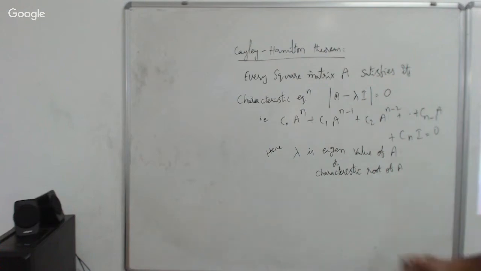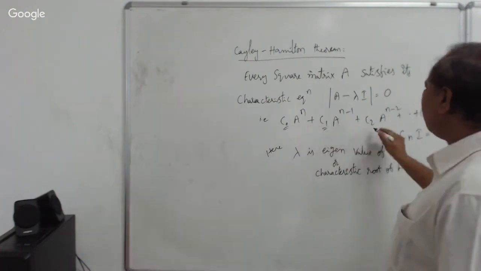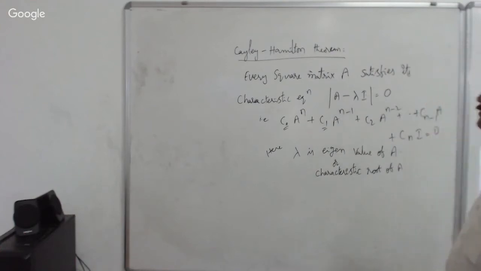Here C is C naught, C1, C2, or any constants. Any real numbers.